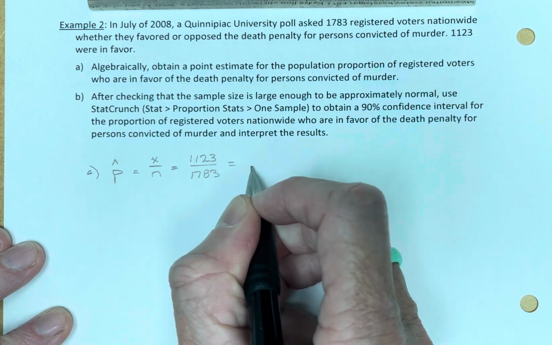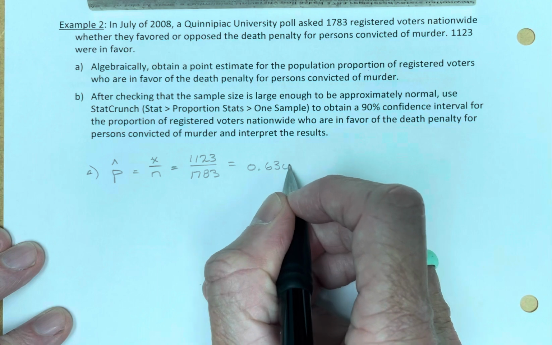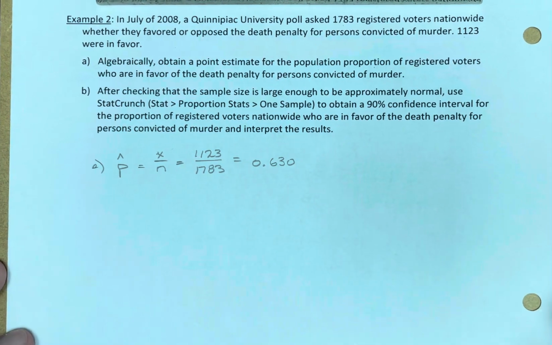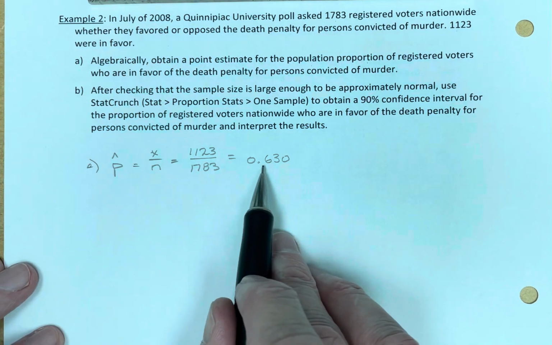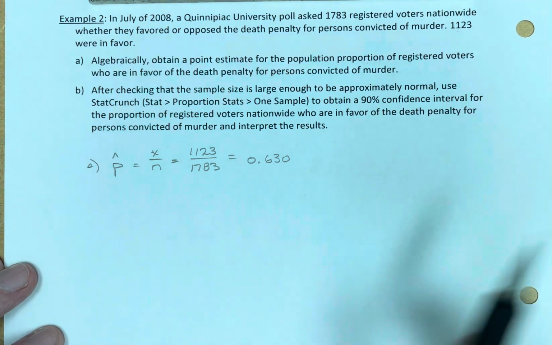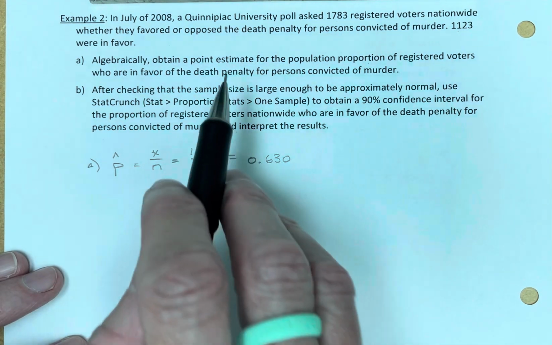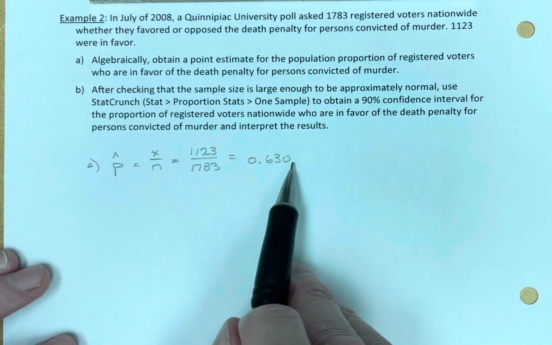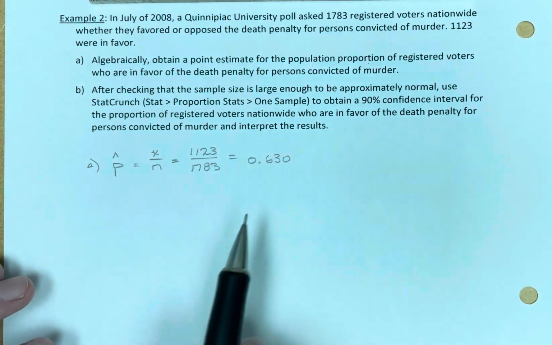That goes into a calculator, and as a proportion, I rounded to 3 decimal places. It is 0.630. As a percent, we would say 63% of our sample says they're in favor, and that is our point estimate for our population.